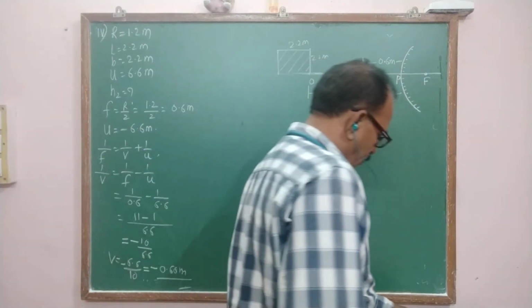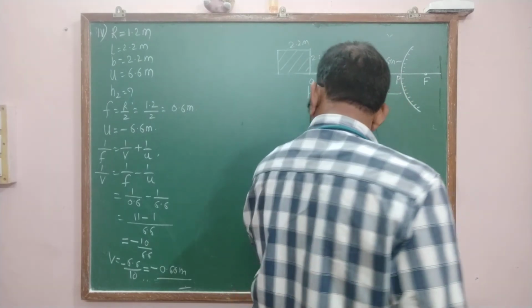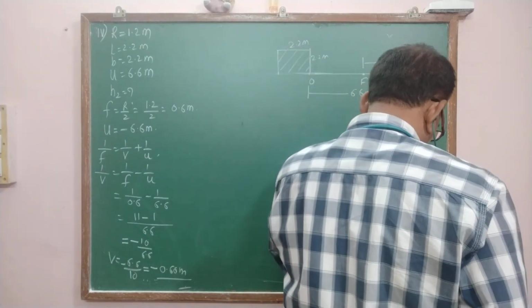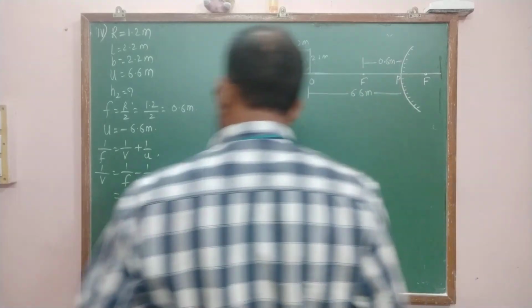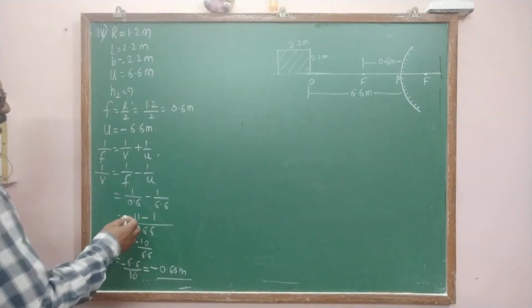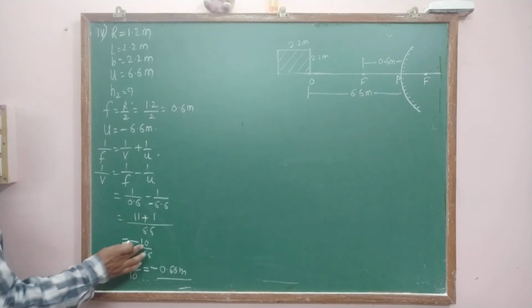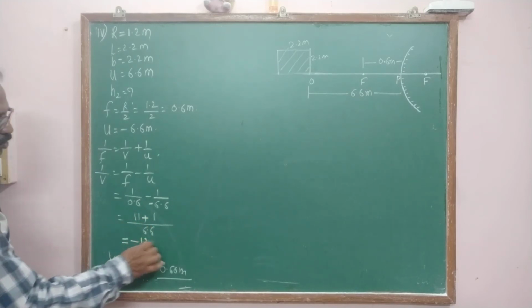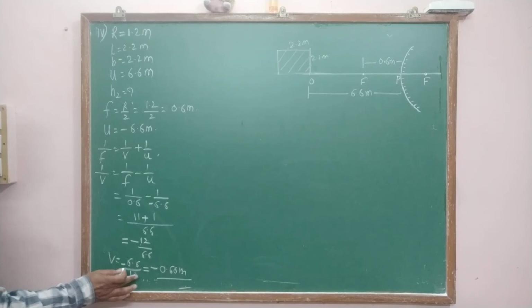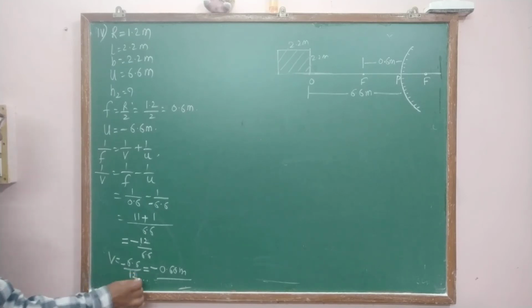So that will be 1 upon 0.6 and plus, here this value is minus 6.6, so that means here it will be plus. So it will be 12 by 6.6, so 6.6 by 12. How much will you get?